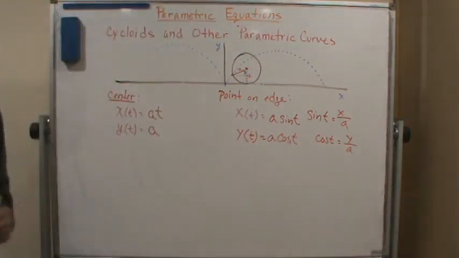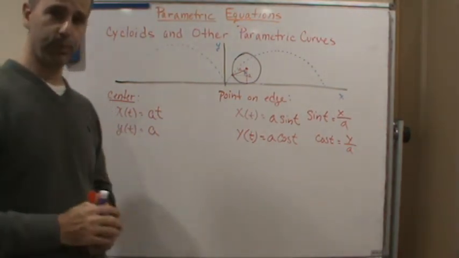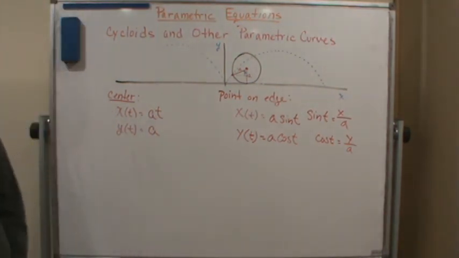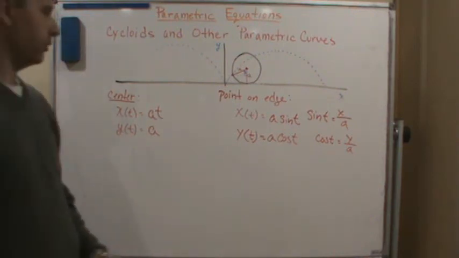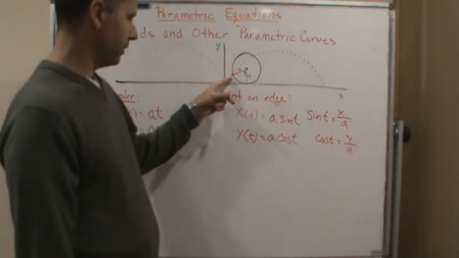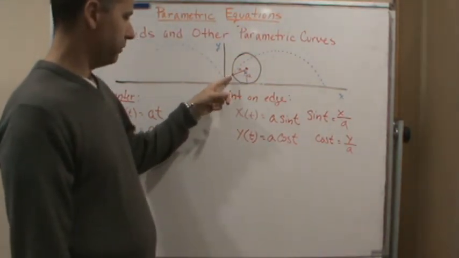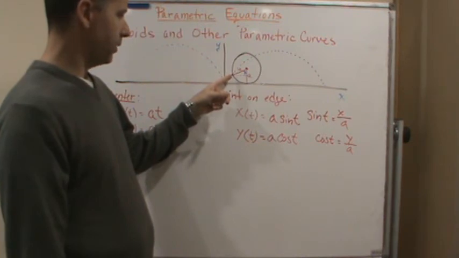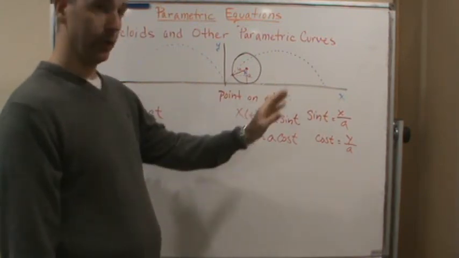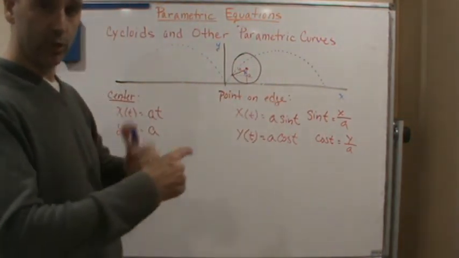So those are two possible parameterizations for describing the position of the chalk mark on the wheel as the wheel is rotating.